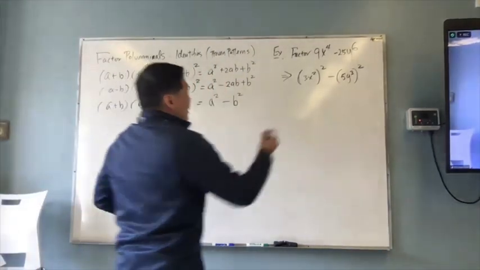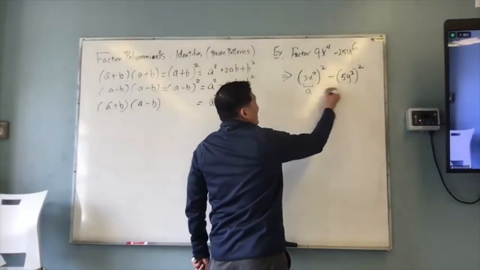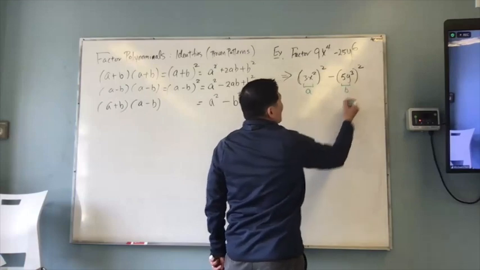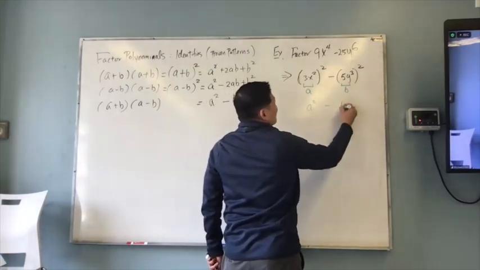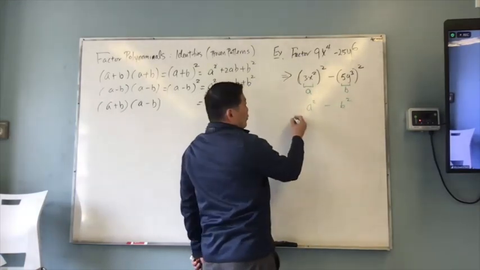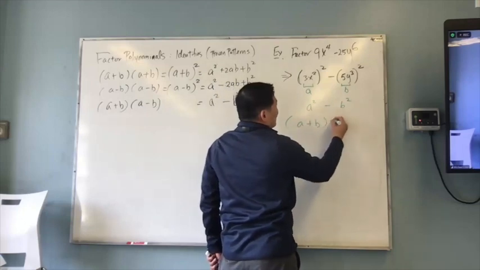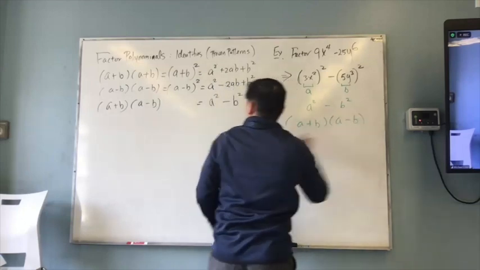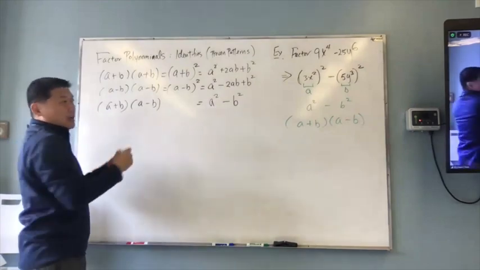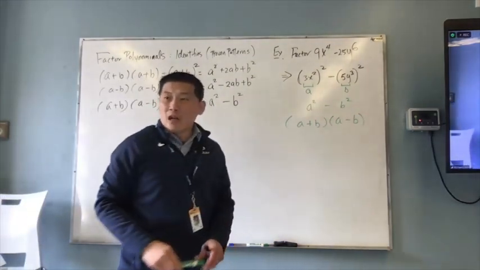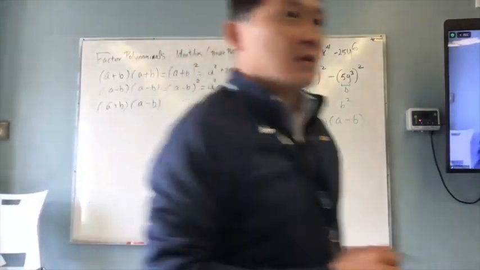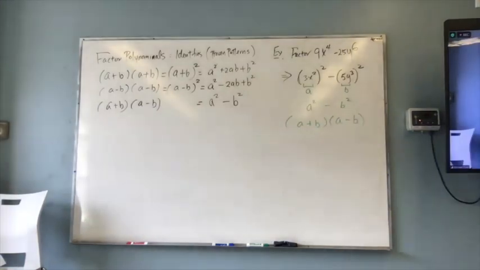All right. So now we can think of this as a, and we can think of this as b. So we end up with a squared minus b squared, right? Which is a plus b times a minus b, because our identity shows us that. So go ahead and write down the answer. Use that pattern, use that formula, use that identity.